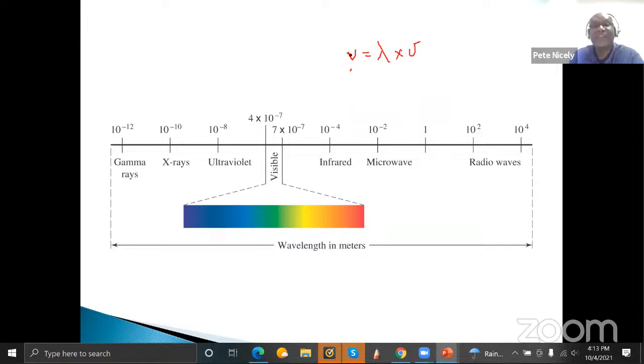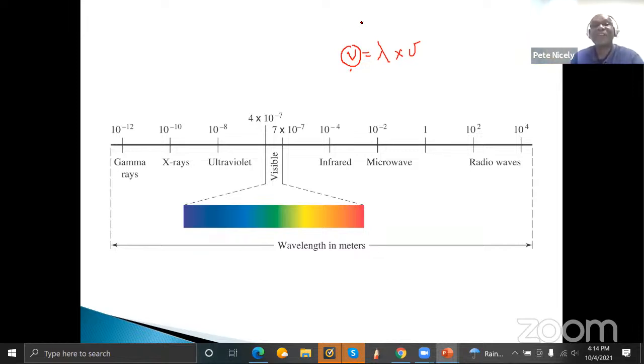Now, in the case of electromagnetic radiation, the velocity is the same. I made that point before. I said it doesn't matter what type of radiation it is, as long as it is electromagnetic radiation, it has the same speed, and that speed is equal to 3.00 times 10 to the 8 meters per second.